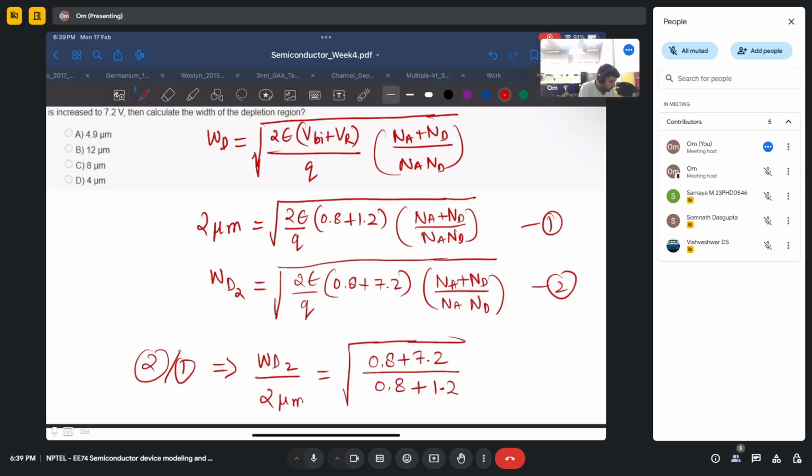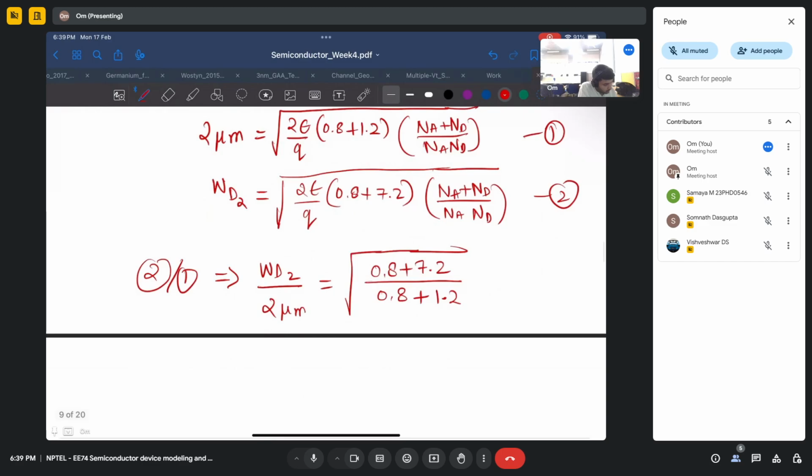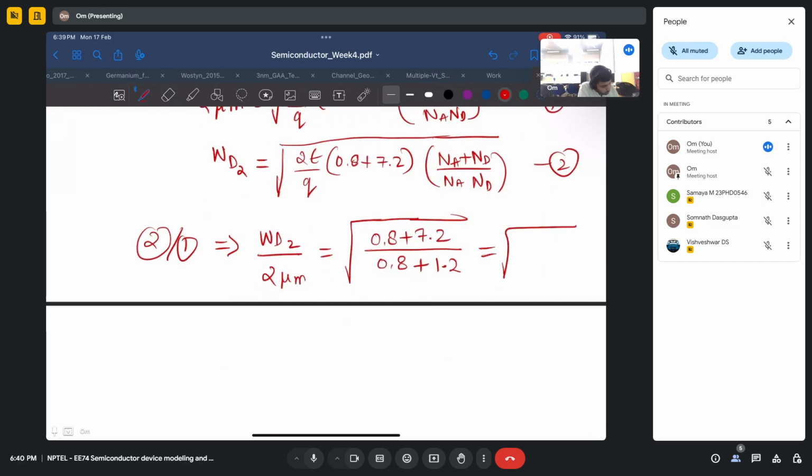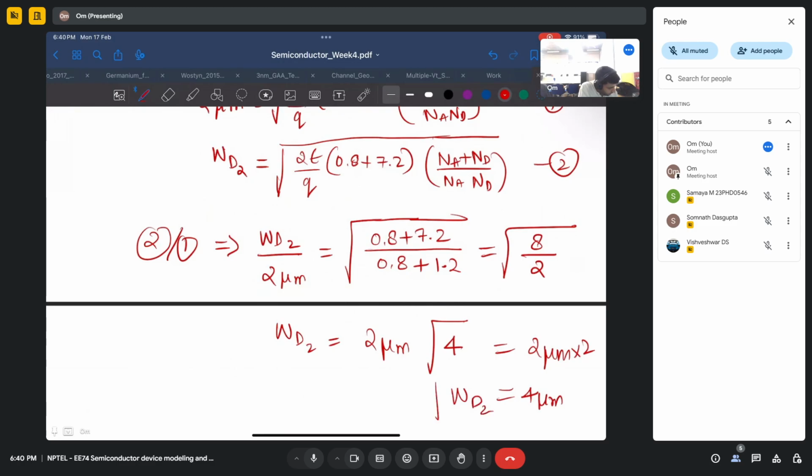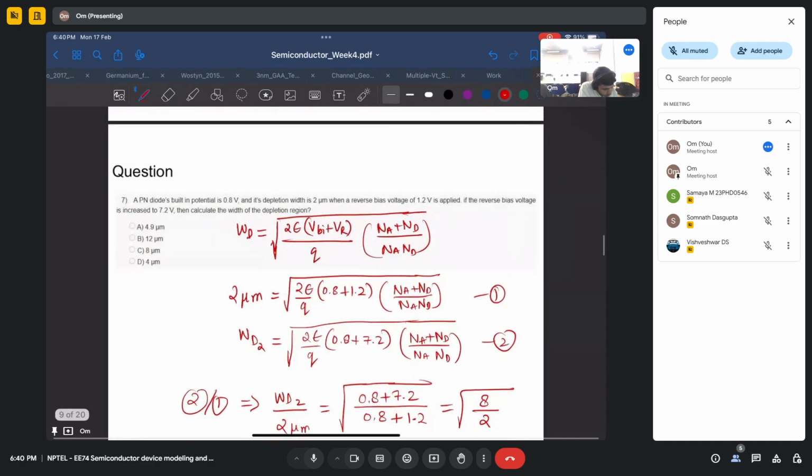Rest everything will cancel out, and this is equal to under root 8 by 2, which is under root 4. So WD2 is 2 micrometer into 2, 4 micrometers. So at 7.2 volts, the depletion width will be 4 micrometer.